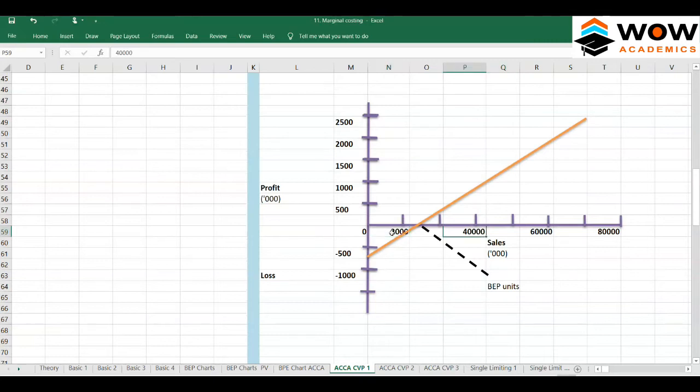2,000, 4,000, 6,000 and 8,000. Okay, if possible, we have to lengthen the scale, but I don't think this could be lengthened.